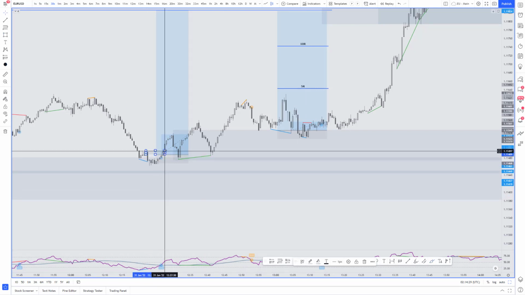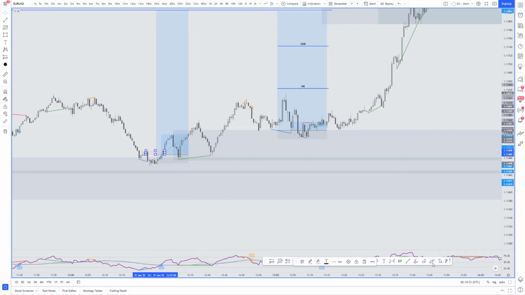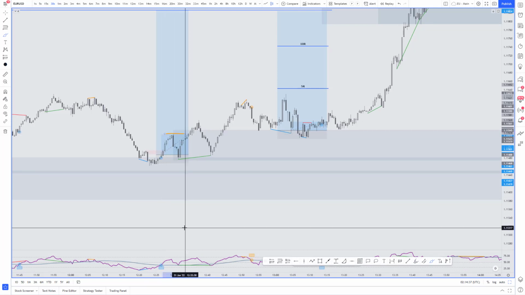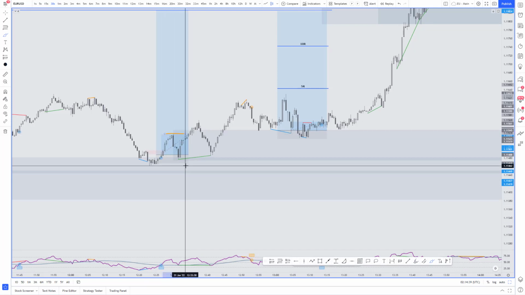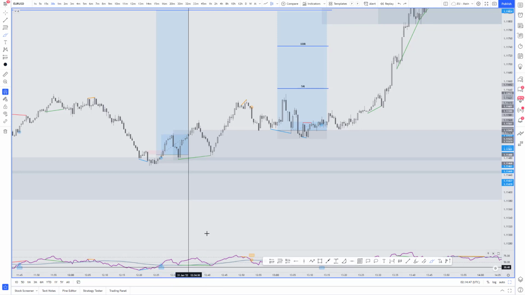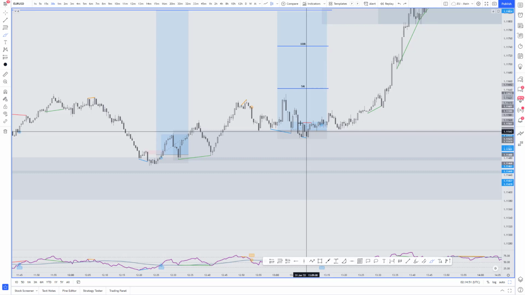So I put an order on this, which tapped me in and kept me in, it was really great. My management technique is when I get a 1M break of structure, I move price to break even. As you can imagine, that came back, hit me at break even, and it carried on going in my direction. No sweat.